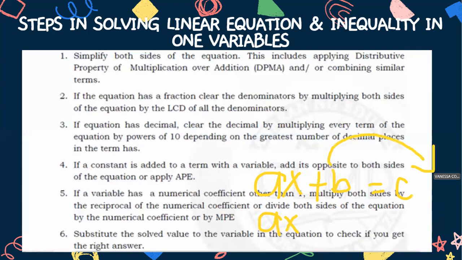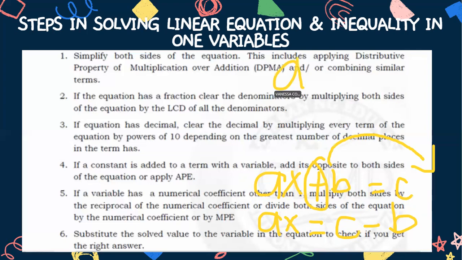Pero, kapag naglipat tayo, yung kanyang sign, yung kanyang operation maiiba. Kapag siya ay plus, kapag nilipat mo siya, magiging minus na siya. Equal, c, plus, pag nilipat mo, magiging minus b. So, pwede rin siyang ganyan. Alright? Same lang din siya nung ginawa nating opposite to both sides. Yung unang ginawa natin. Okay?